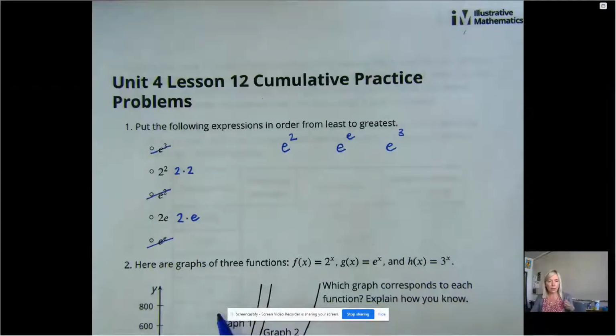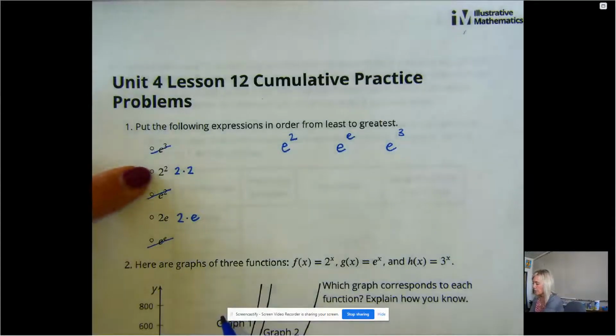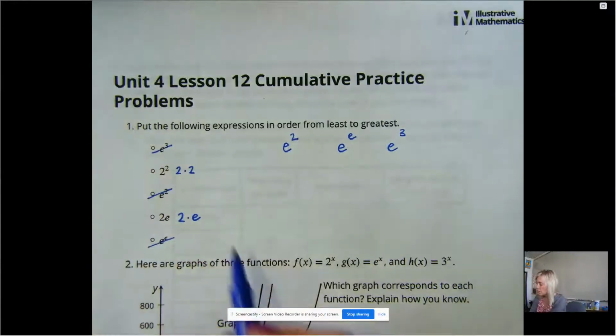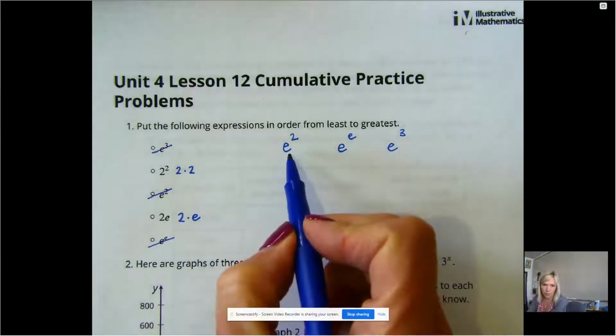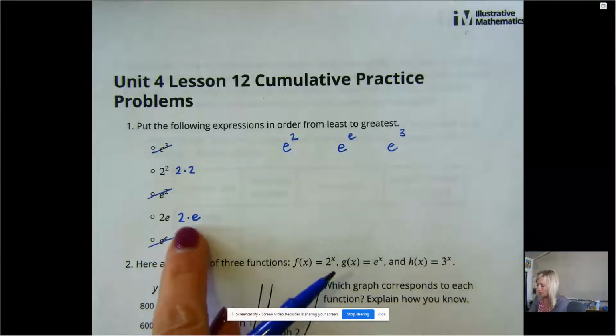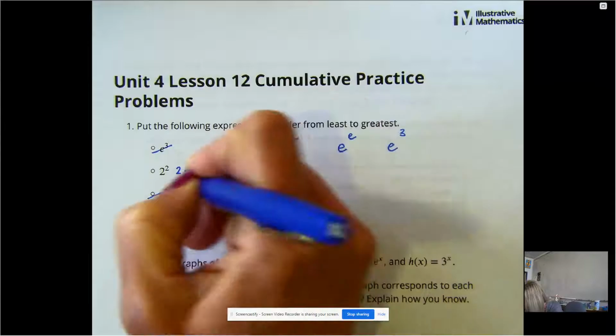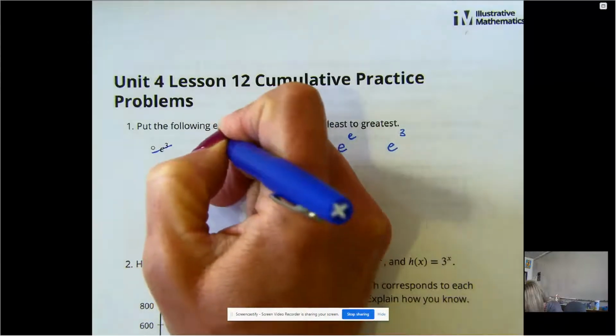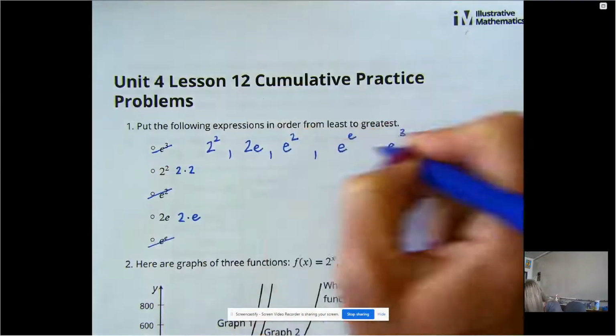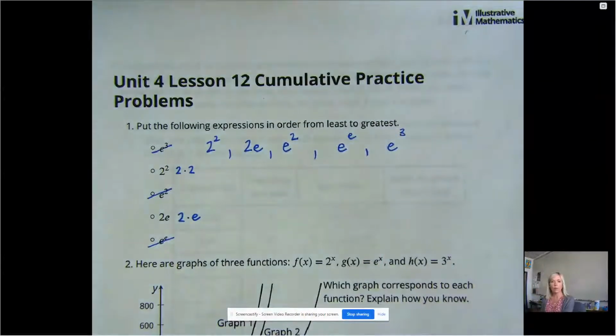And since, again, e is a larger value than 2, this would be the smallest, and then this would come after it. This would also be smaller than e to the second. E to the second is e times e. 2 times e would be less than that because, again, 2 is less than e. And so 2 times e would go here, and then 2 squared would be the first one. Okay, so that is how these go in order from least to greatest.